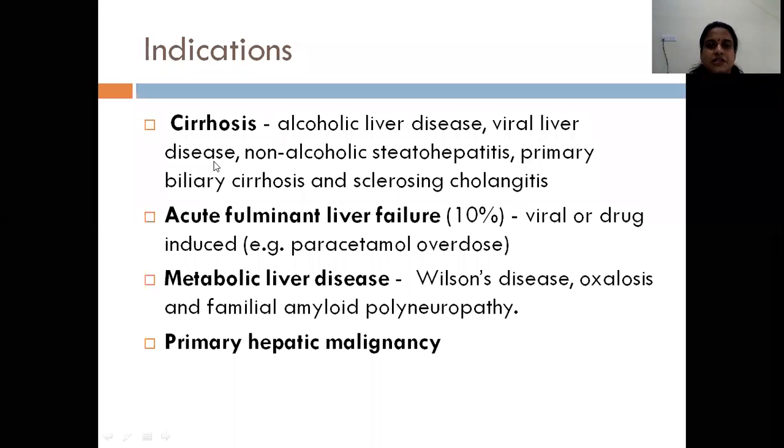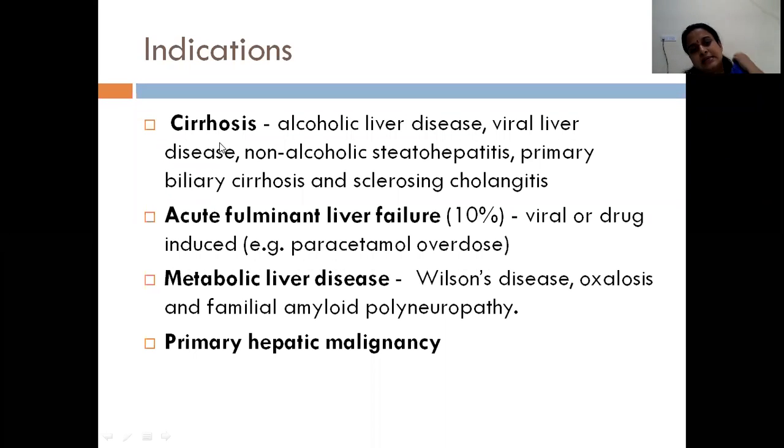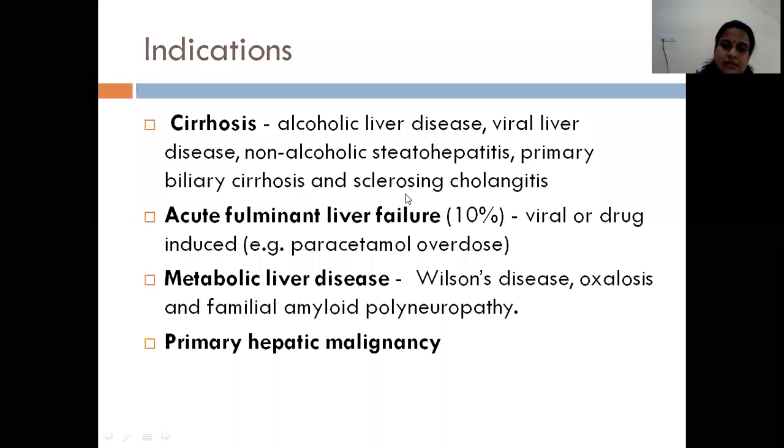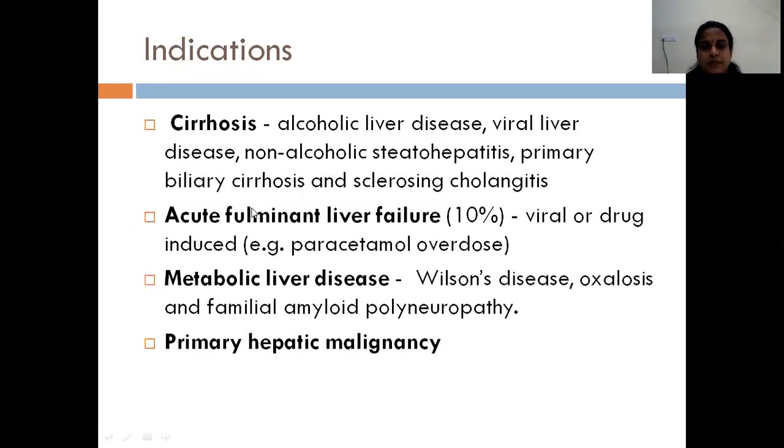What are the indications when the patient has cirrhosis? The causes of cirrhosis being alcoholic liver disease, viral cirrhosis, non-alcoholic steatohepatitis, primary biliary cirrhosis, and sclerosing cholangitis. Now, how do you grade and how do you type the patient?